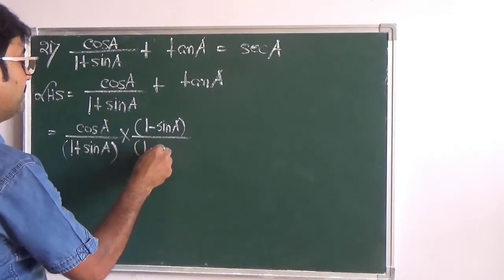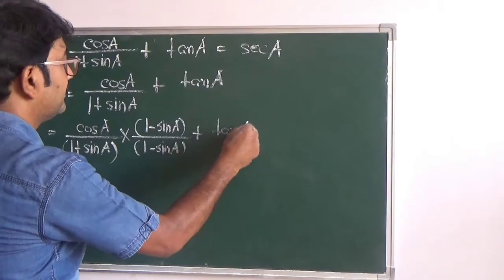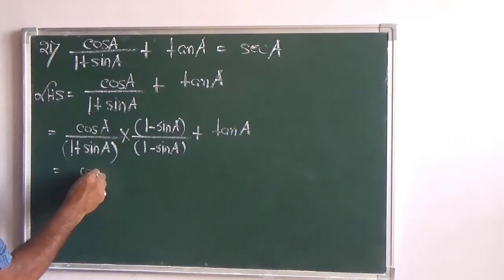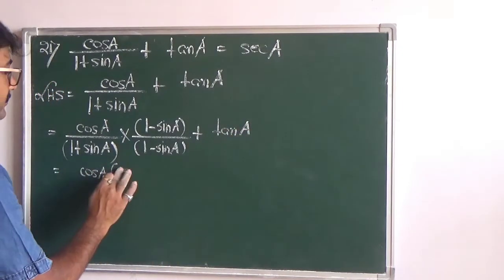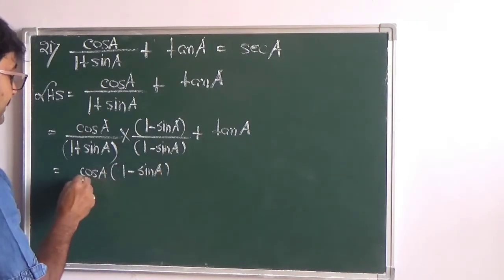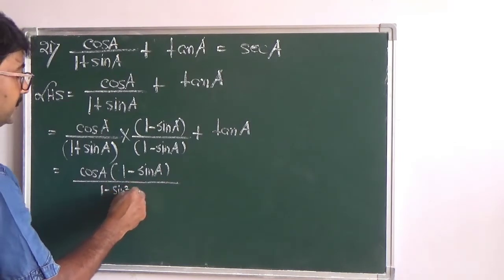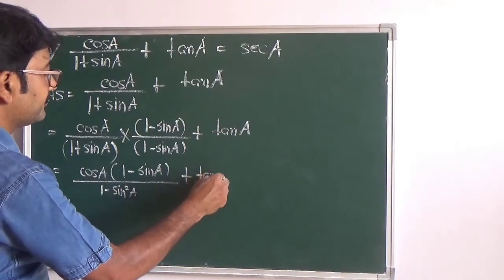So it is 1 minus sin A plus tan A. So we have cos A into 1 minus sin A by 1 minus sin square A and plus tan A.